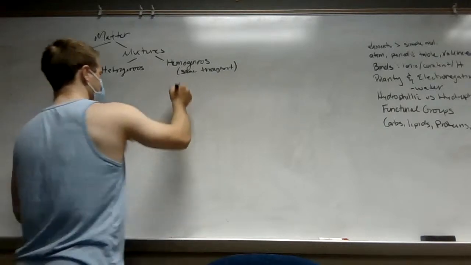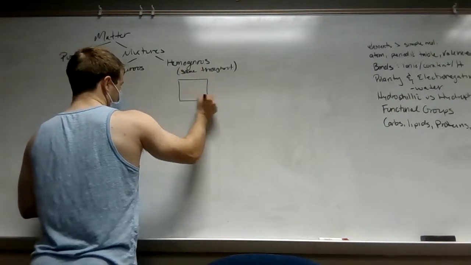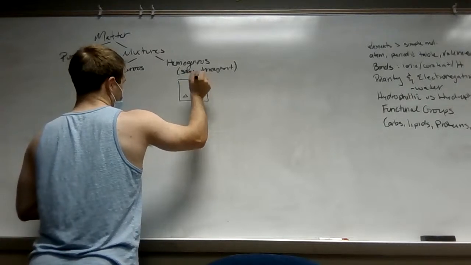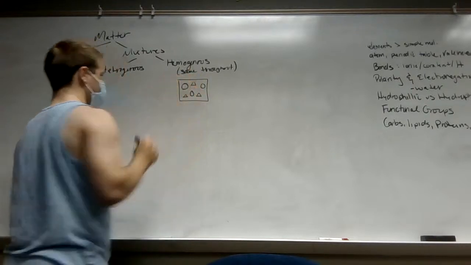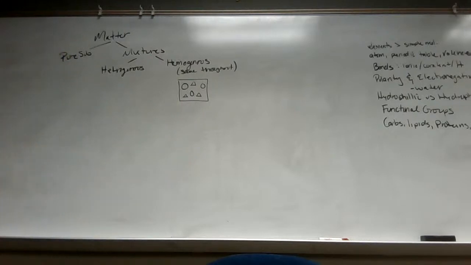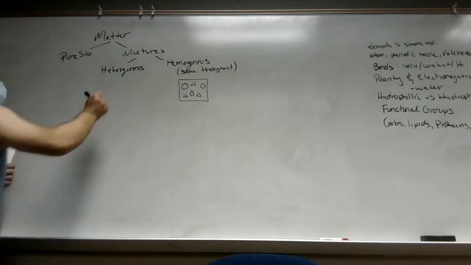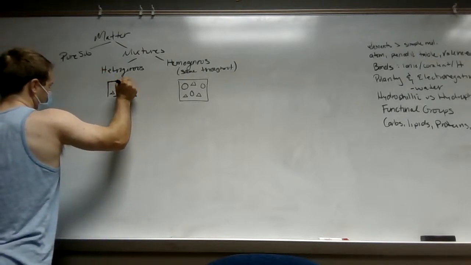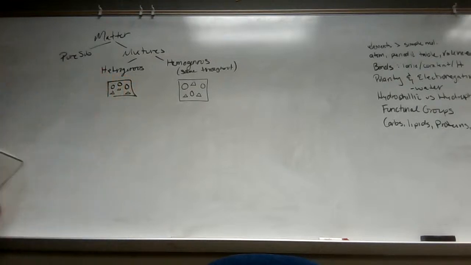So if you have a homogeneous mixture of triangles and circles, everything is equally spaced out, and the solution is constant. Whereas a heterogeneous mixture might look more like this. You can see distinct differences in the solution. Does that make sense? Okay.